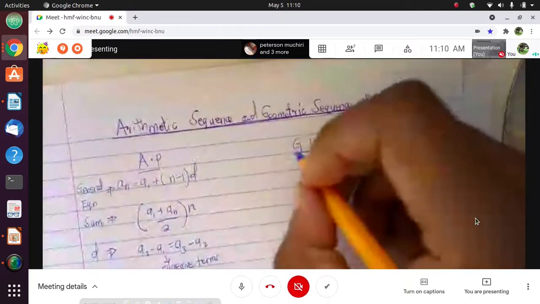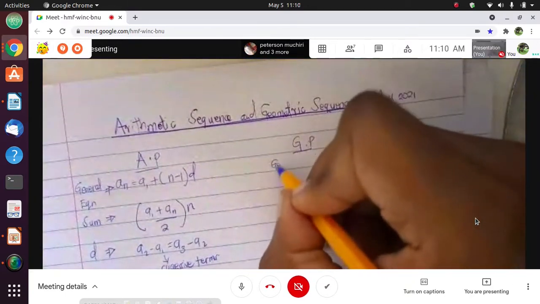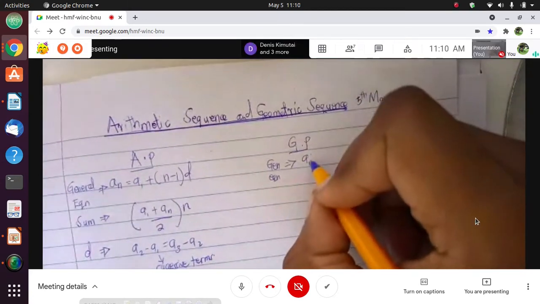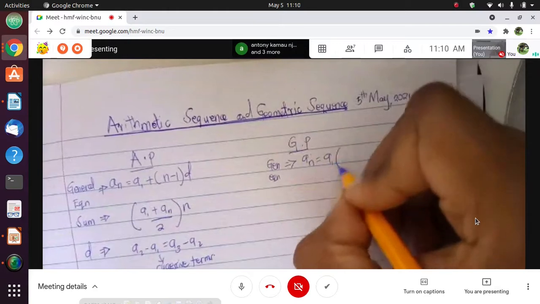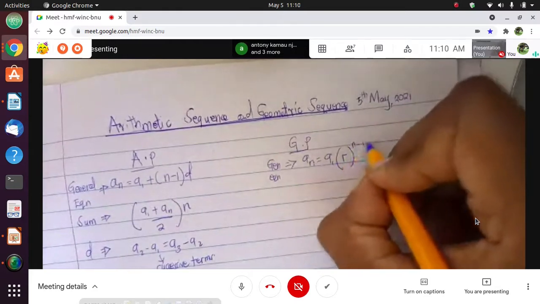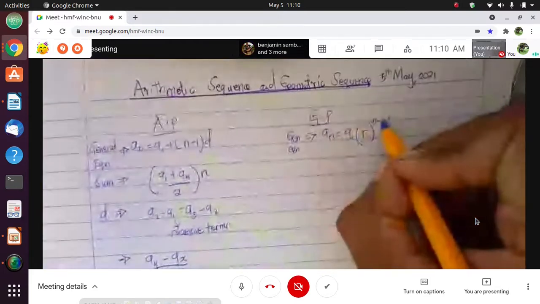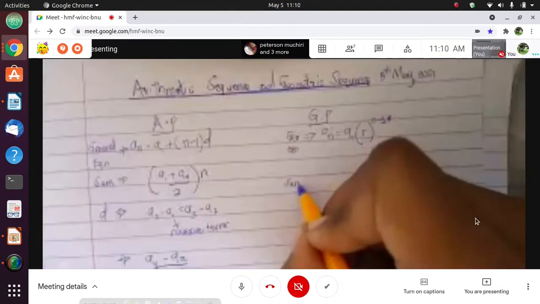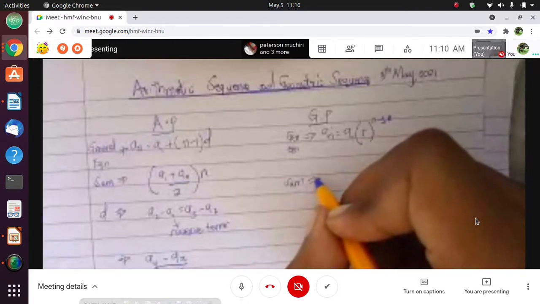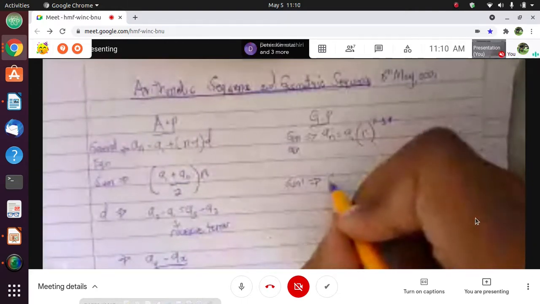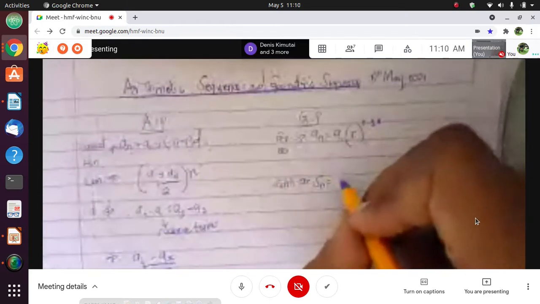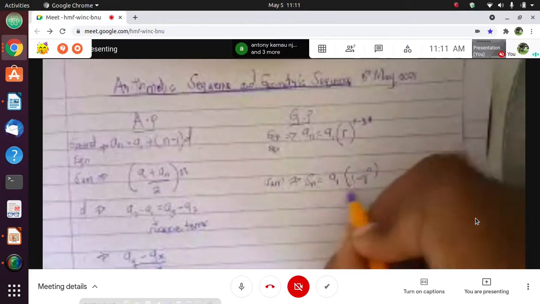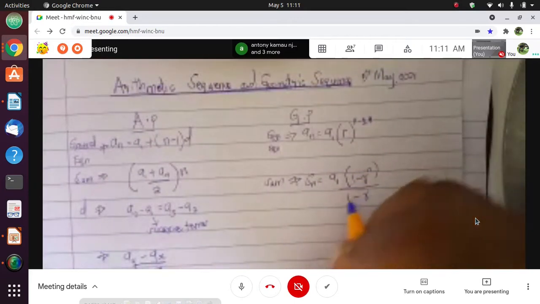For a geometric progression, the general equation is given by an is equals to a1 multiplied by r raised to n minus 1. The sum, which is usually denoted by s, is given by a1 multiplied by 1 minus r raised to power n divided by 1 minus r.